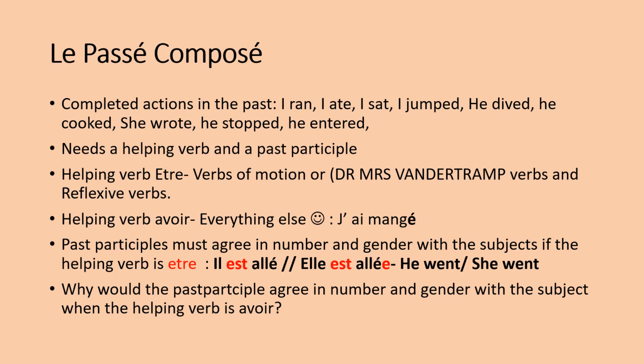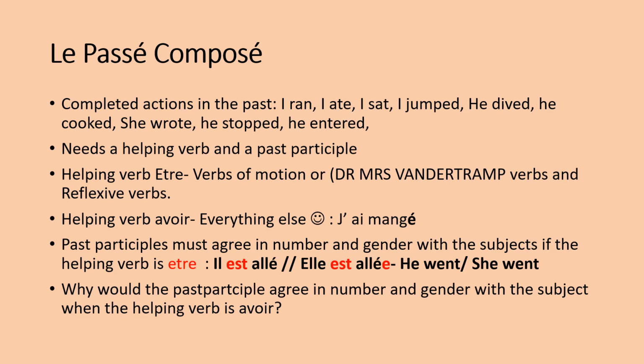And we'll have a look at all of those things in the passage. So the helping verb avoir is used with everything else. So if you just remember that Dr. Mrs. Vandertramp verbs, which are verbs of motion, and reflexive verbs use être, then you would know automatically that all other verbs use avoir.